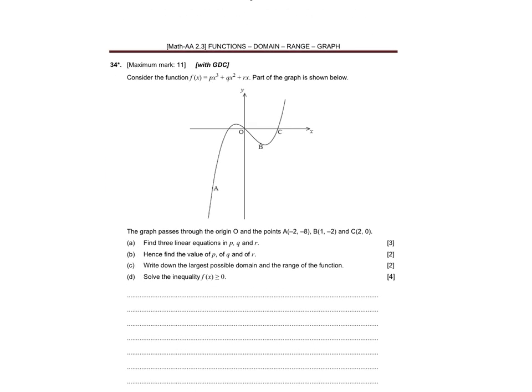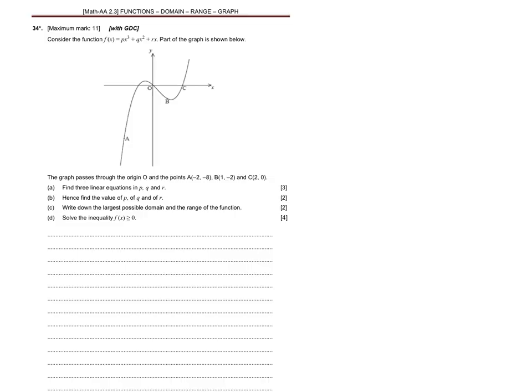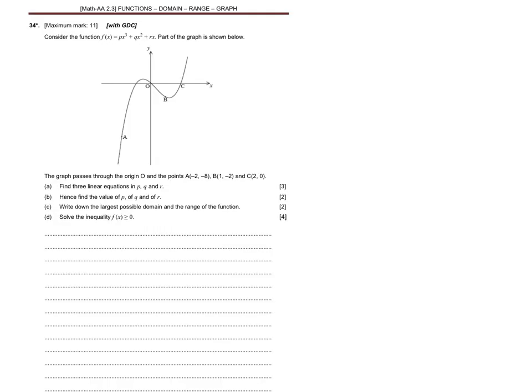All right, last one, consider the cubic function. The graph passes through the origin, and those points find 3 linear equations. Okay, so we have the form of the function up here. So we're going to use these 3 points and substitute them in there. So we're going to have negative 8 equals p times negative 2 cubed plus q times negative 2 squared plus r times negative 2.